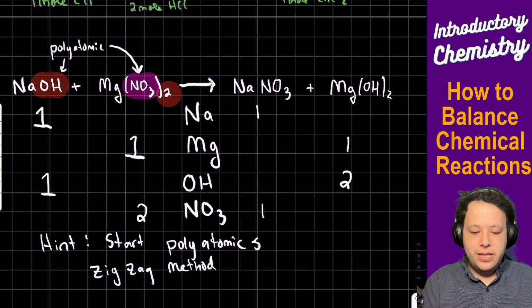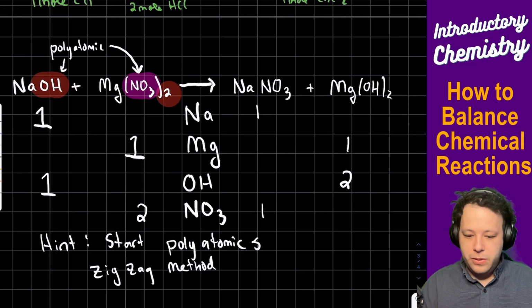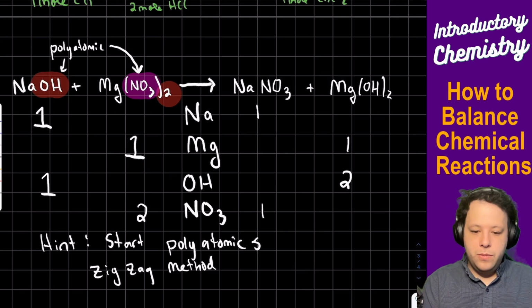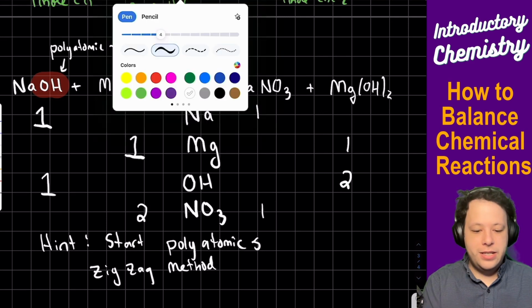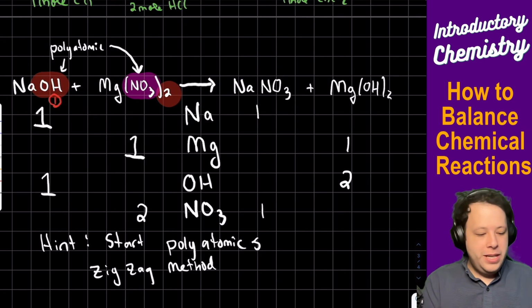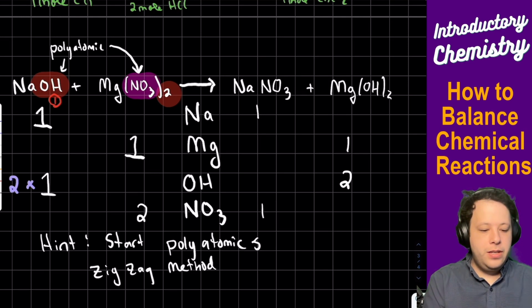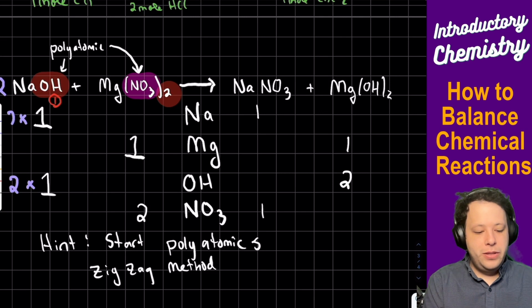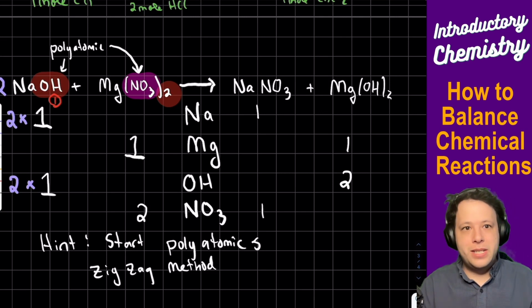Let's start with the hydroxide on the left-hand side, just because it's the one closest to the beginning. We're going to balance those hydroxides. We had 2 on the right, so we need to multiply this by 2. So we'll add a 2 out front. This also multiplies a 2 in front of the sodiums.